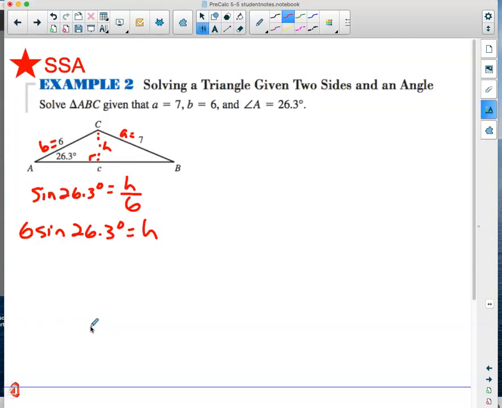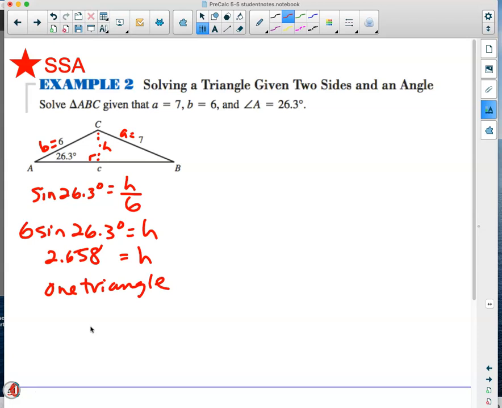That's 2.658. All right, so is 7 longer than 2.658? So we've got ourselves a triangle, one triangle here. Now, is 7 less than 6? So we do only get 1 out of this one.